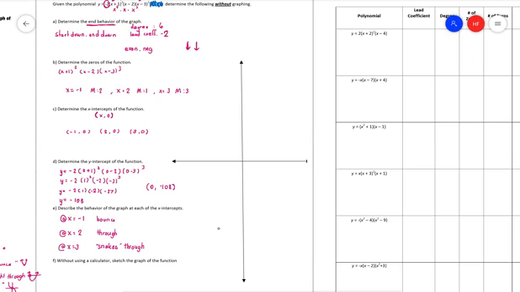So then without using a calculator, we're going to sketch the graph of the function. So we have our x-intercepts, -1, 2, and 3. Our y-intercept is (0, -108).